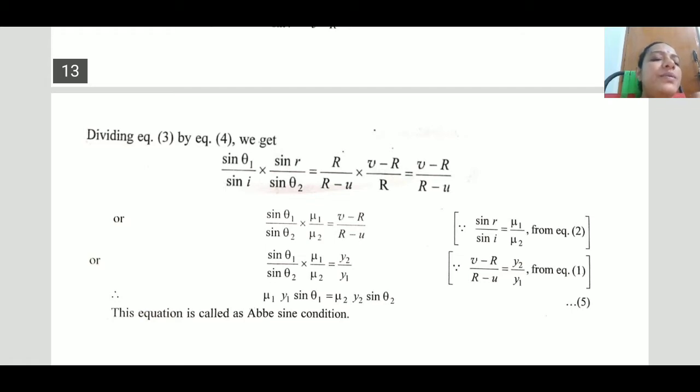Therefore that must be equal to V minus R by R minus U.